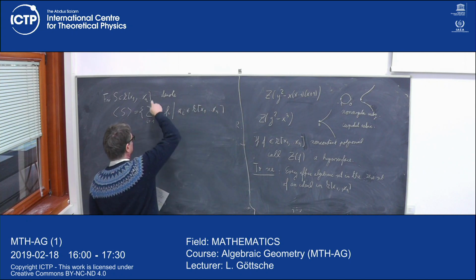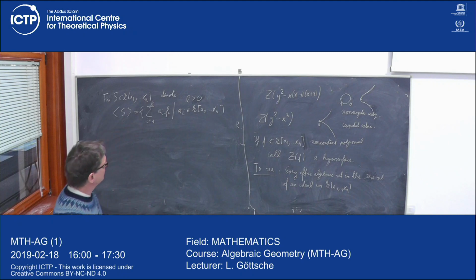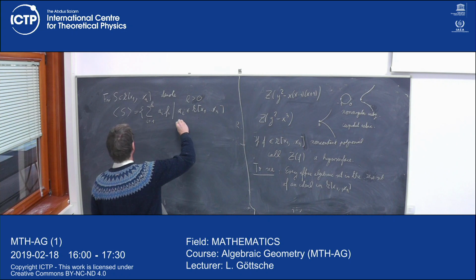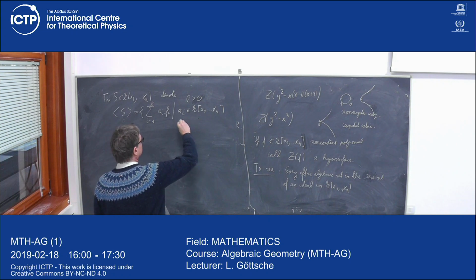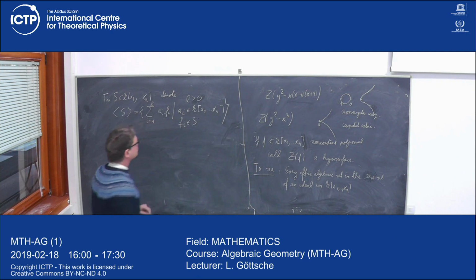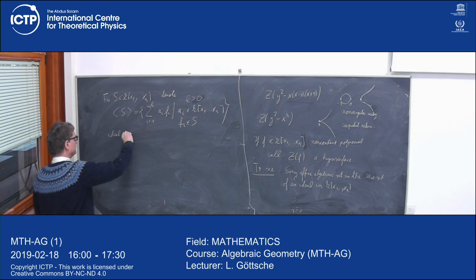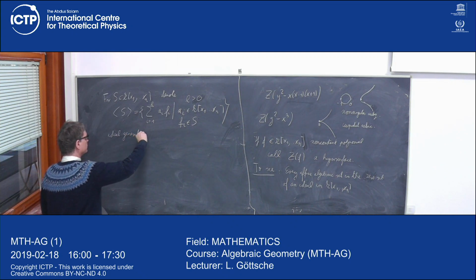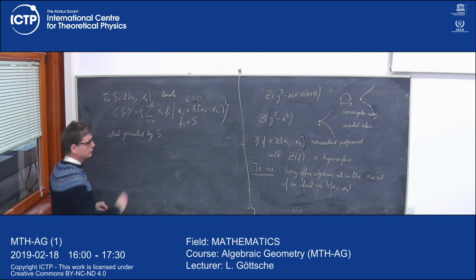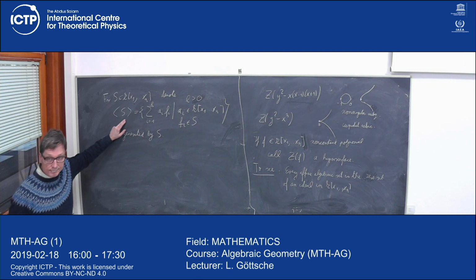Maybe I should say this sum is finite, l is any positive number. The a_i are polynomials, and the f_i are elements of S. So this is the ideal generated by S. As usual, this is the smallest ideal in k[x1, ..., xn] which contains S.